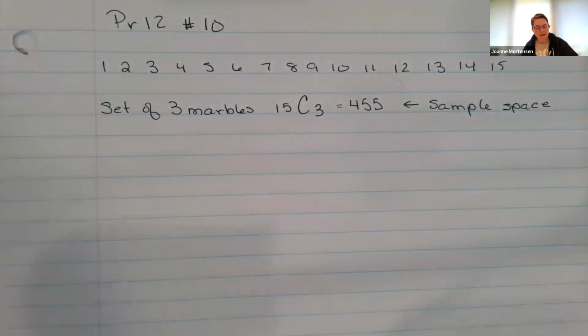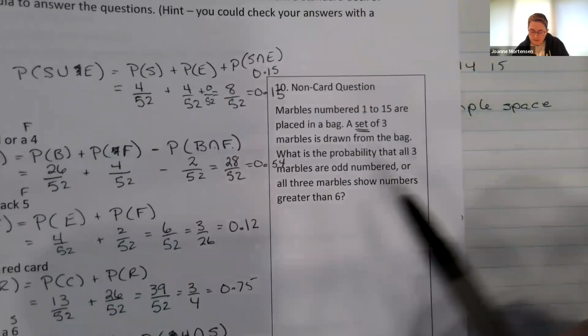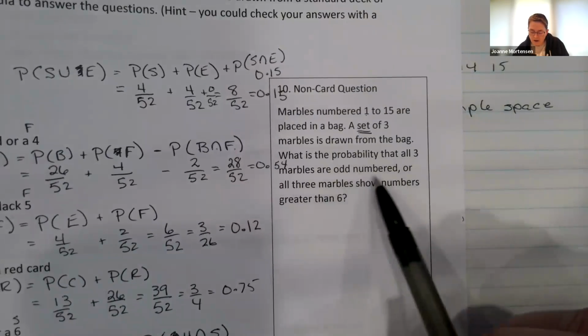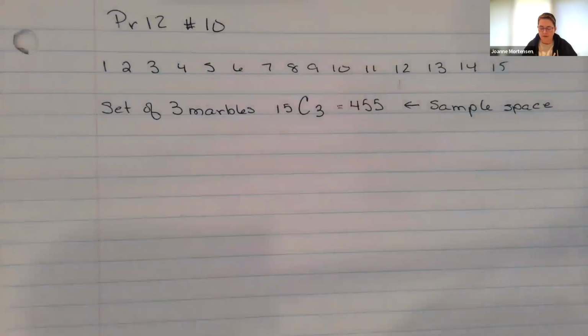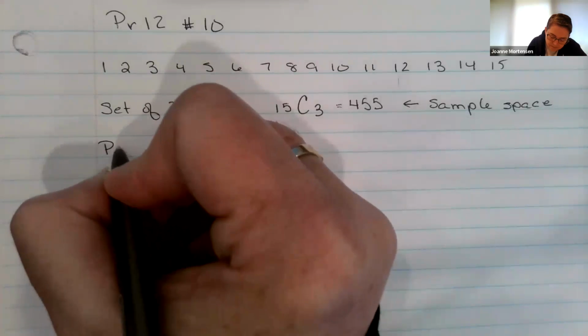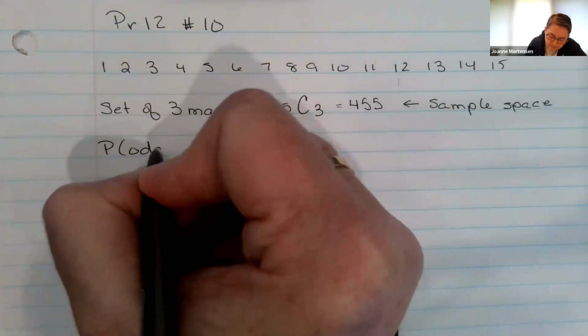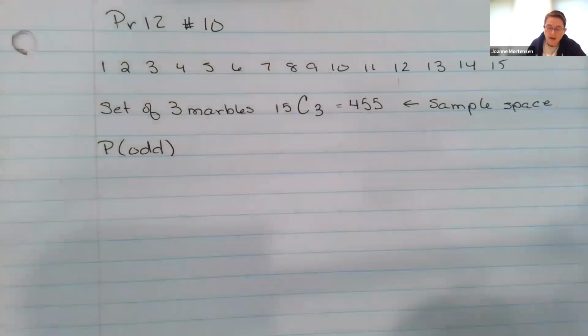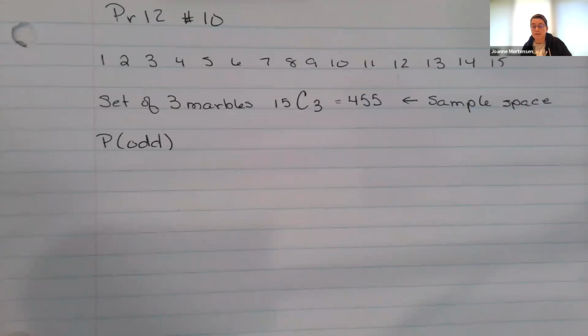All right, now going back to the question, it says, what is the probability that all of them are odd numbered? I think we're going to have to do this in bits.